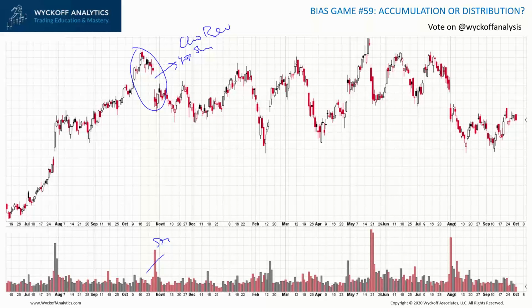We are saying that something different is going on. We haven't seen this type of reaction before, this type of supply coming in and producing that type of gap down. With that change of behavior, we're assuming that we're changing the environment from an uptrending environment to a non-trending environment, a trading range. And from here, we could start our Wyckoff labeling.